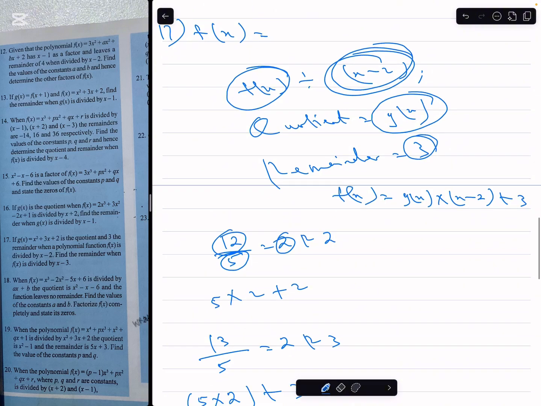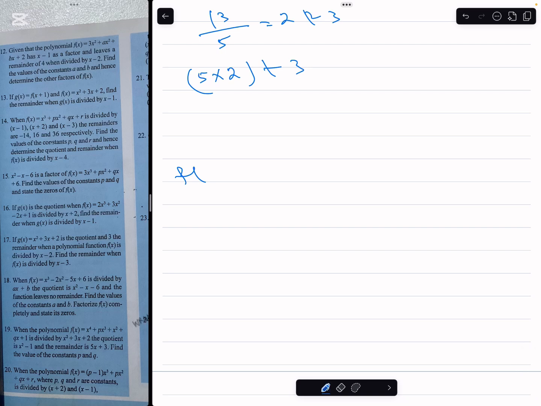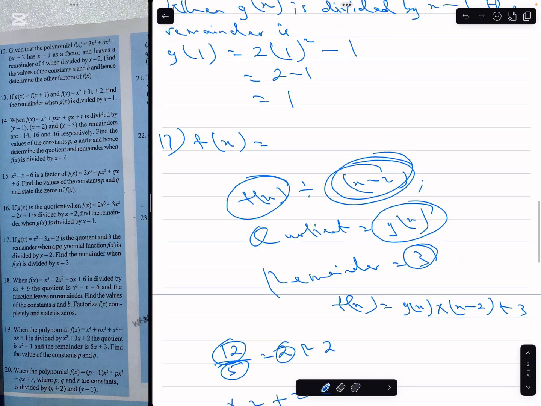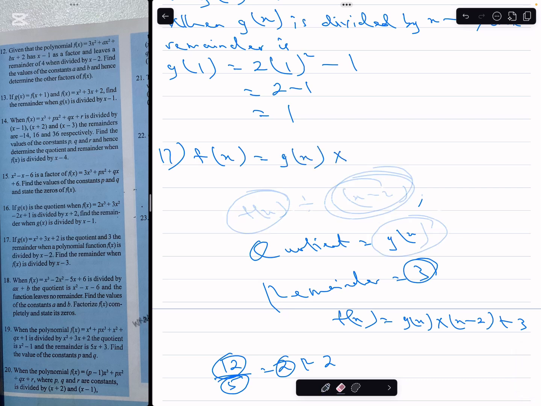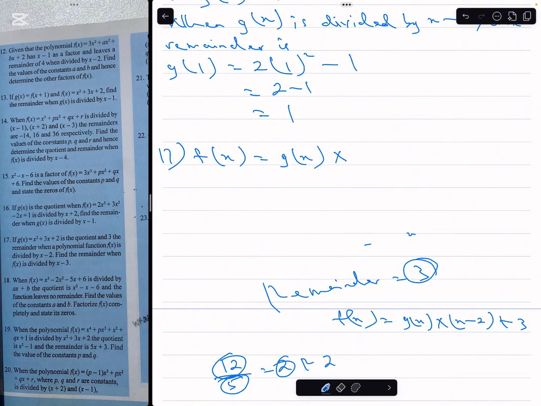So f of x is quotient times divisor plus remainder. That's it. So here, let's go back. What is the quotient? The quotient is g of x times, what is the divisor? The divisor is x minus 2.